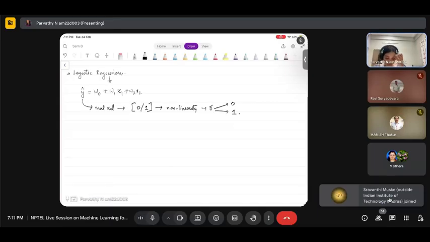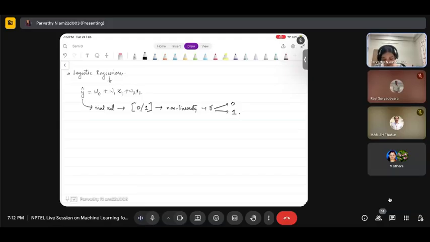This is what logistic regression does, and this nonlinearity is what we call sigmoid, given by the function 1 by 1 plus e raised to minus z. The value of the sigmoid is between 0 and 1.